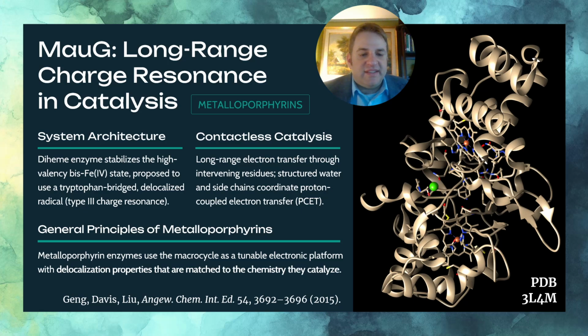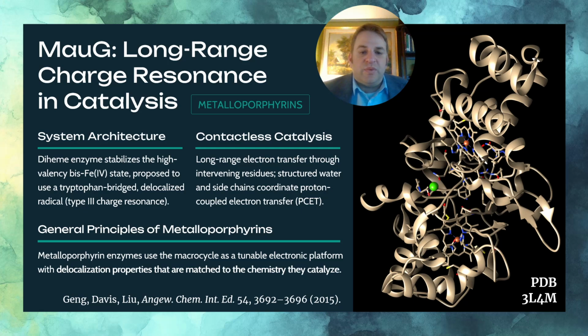And so this presents a general principle of metalloporphyrins, and in fact, as we'll see, many enzyme cofactors in general, that the metalloporphyrin enzymes use the porphyrin macrocycle as a tunable electronic platform with delocalization properties that are matched to the chemistry that they catalyze.